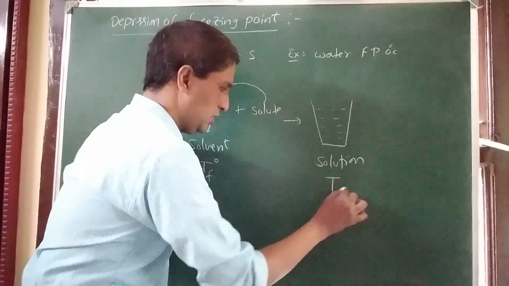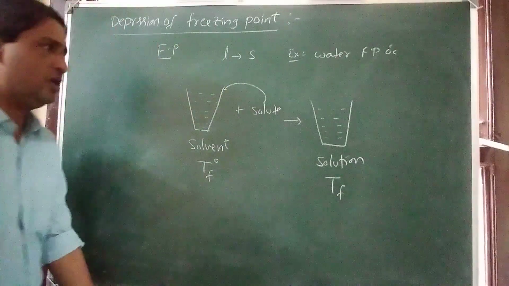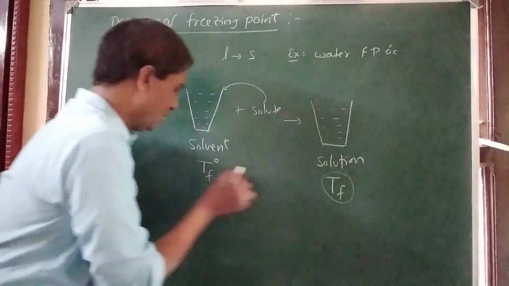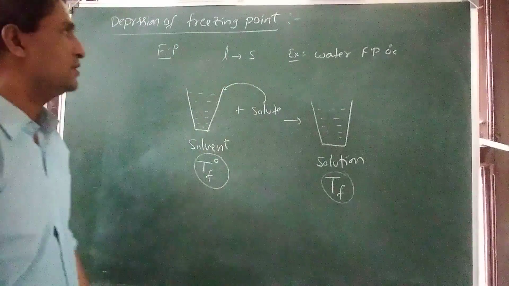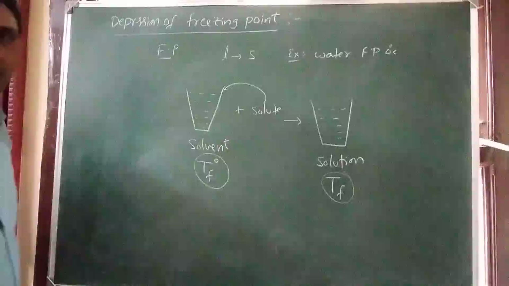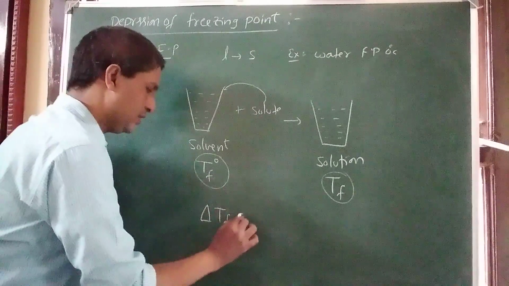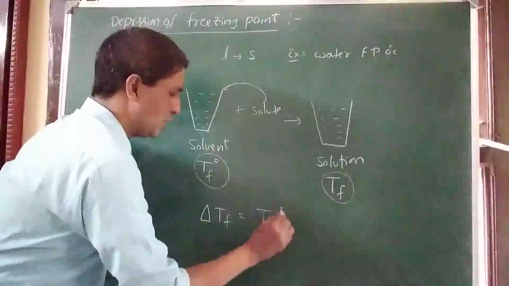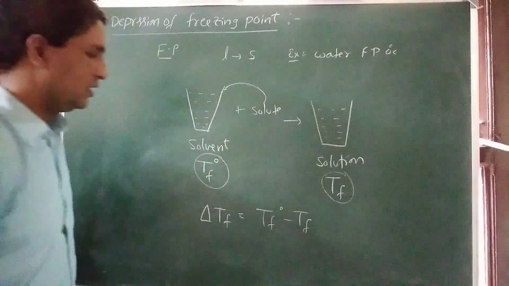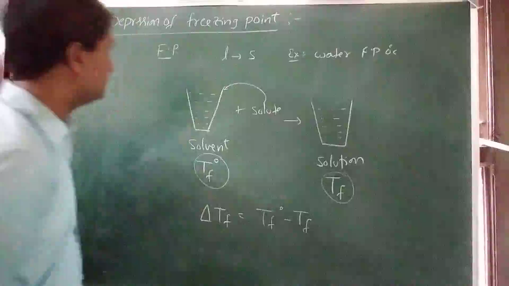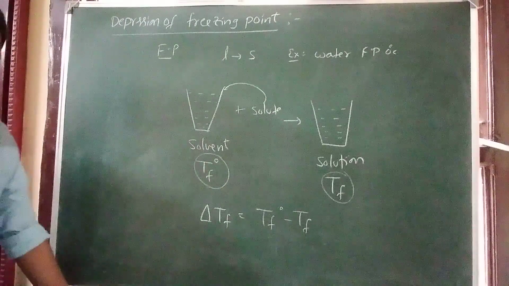Suppose TF is the freezing point of the solution. The difference in freezing point of solution and solvent is known as depression in freezing point. We can write the relation delta TF equals TF naught minus TF. The difference in freezing point of solvent and solution is known as depression in freezing point.